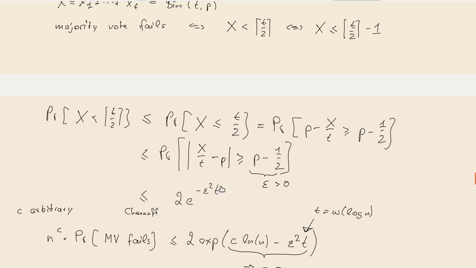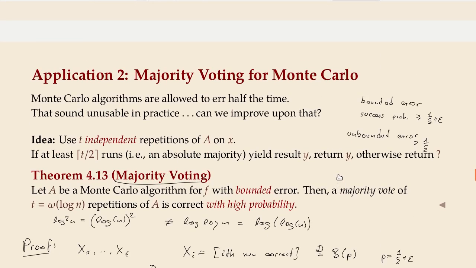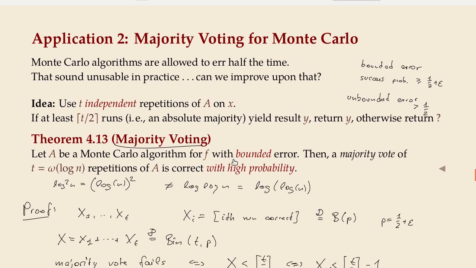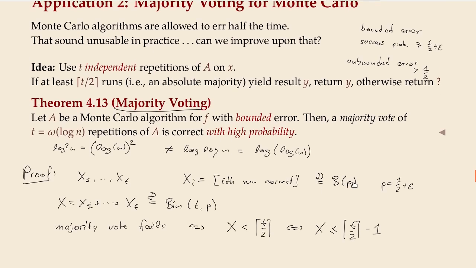And if you insert any number of repetitions that you pick for your specific algorithm, then you also get a specific error bound here. Okay? So we actually proved a bit more than I claimed. But for the sake of showing the difference between bounded and unbounded error, this is sufficient.